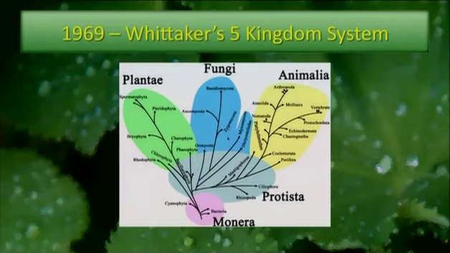Then you had 2 kingdoms of protistans that were different in terms of cellular structure. You had the prokaryotes that were put in the Monera, and the eukaryotic protists that were put in the Protista. So you have the Monera, the Protista, the Plantae, the Fungi, and the Animalia in Whittaker's 5-kingdom system.